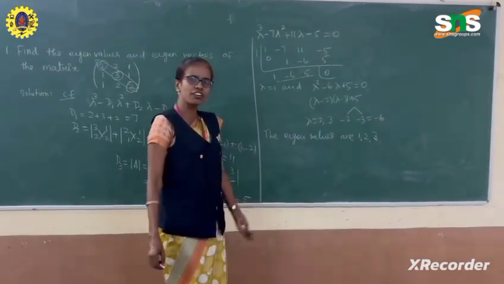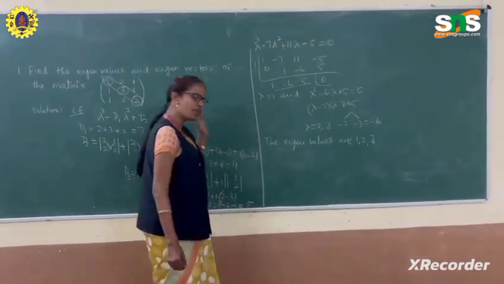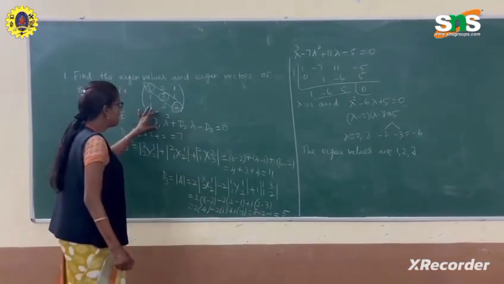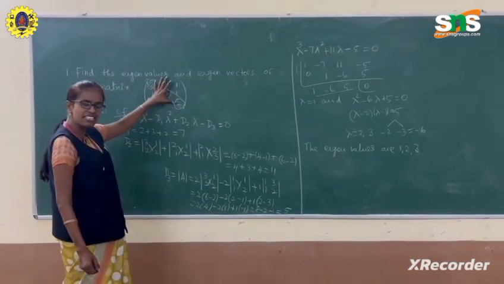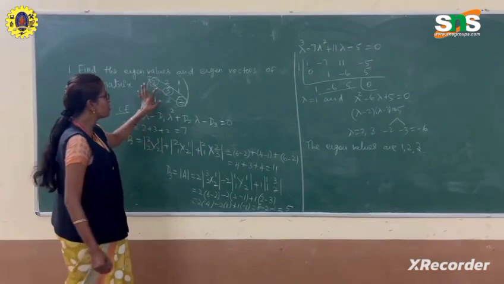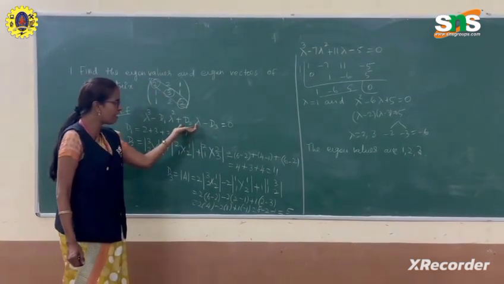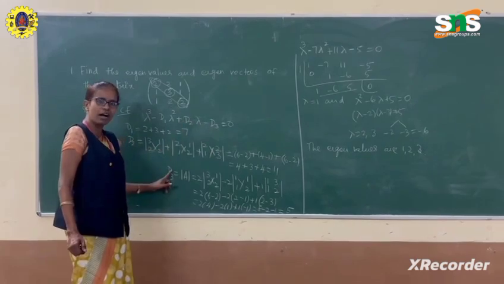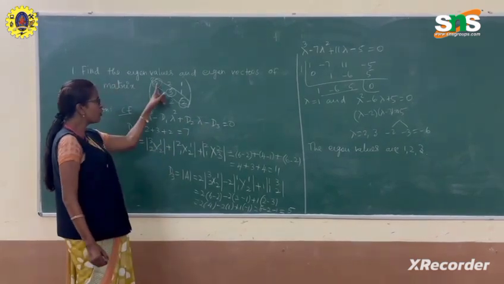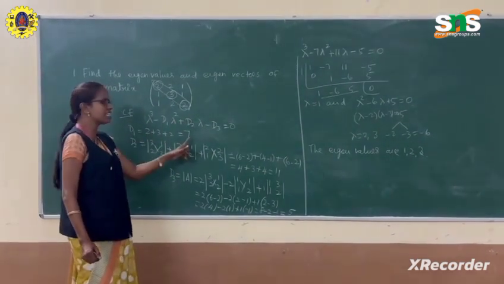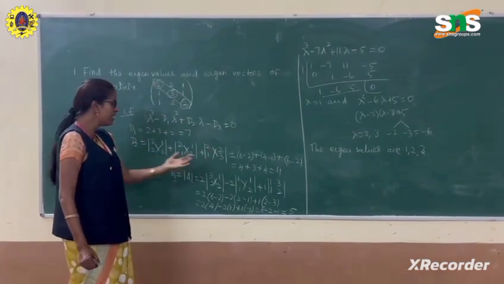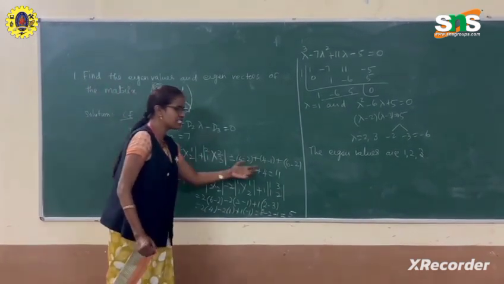The next thing is we need to find the eigenvector. Now we are going to recall all the steps. We start by checking whether the given matrix is 3 cross 3 or 2 cross 2. This is 3 cross 3, so we are going to use this formula. Here we need to find d1, d2, d3. d1 is nothing but adding all the diagonals, so we get 7. d2 is finding the minors of the diagonal elements and taking the sum, which is 11.